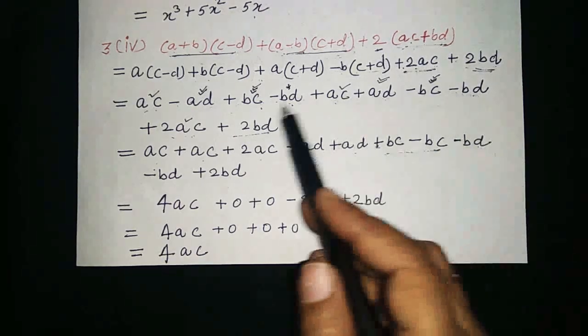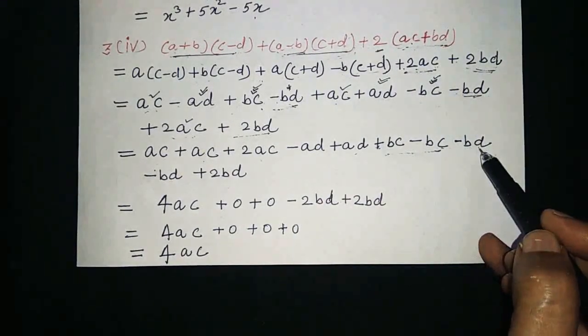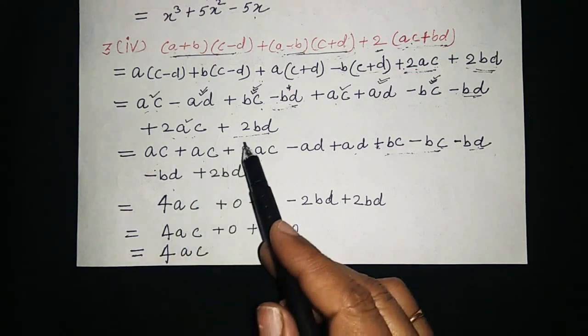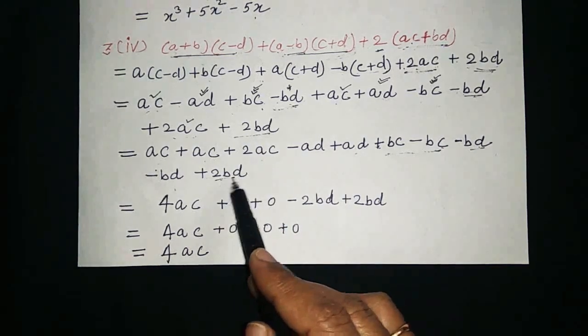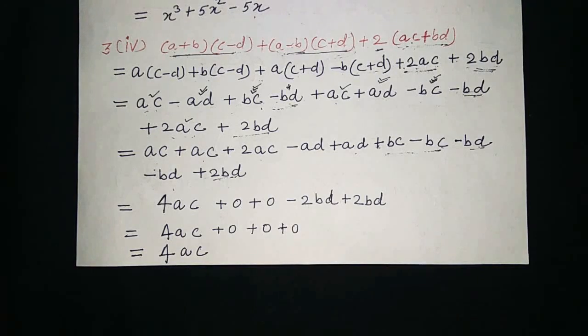Here minus bd and this minus bd, so you will write minus bd and minus bd. And one more like term of this type you can see: this is plus 2bd. Now we have collected all the like terms together.